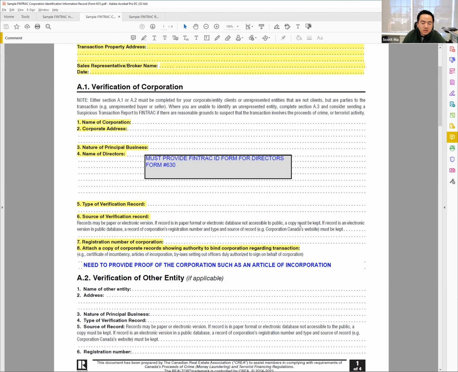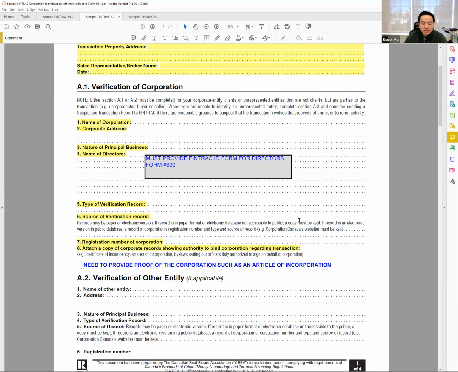And then you also need to attach a copy of the corporate records showing who has the authority to bind the corporation. So, in maybe more commercial transactions, you'll see a person is signing on behalf of the corporation. They need to have authority to bind the corporation. Otherwise, without authority, that signature is invalid. Your deal, your agreement is null and void.